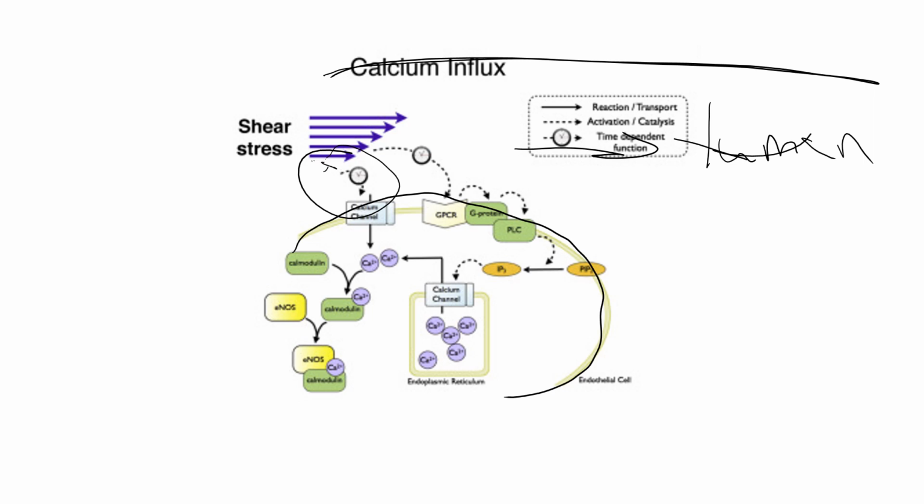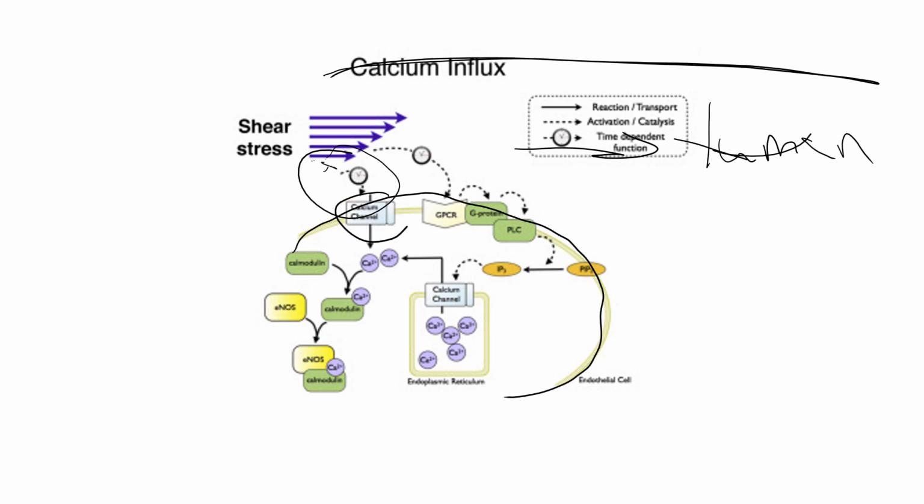And when that shear stress is experienced by the epithelial cells, we think that it activates a pathway. It might do a couple of things. Ultimately, it's going to allow for calcium levels to elevate inside of the endothelial cell. How that happens is somewhat hard to know, but we have a good idea of the pathways.